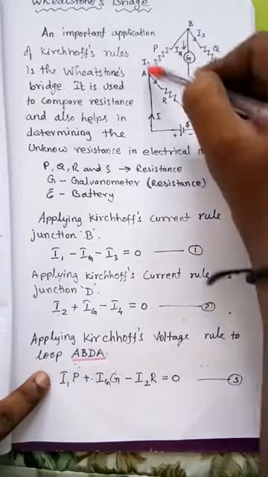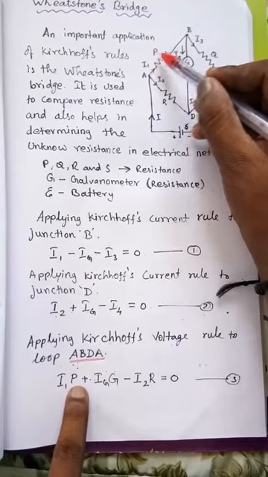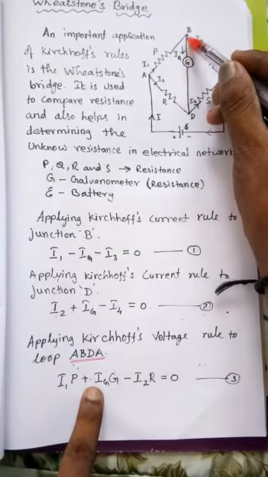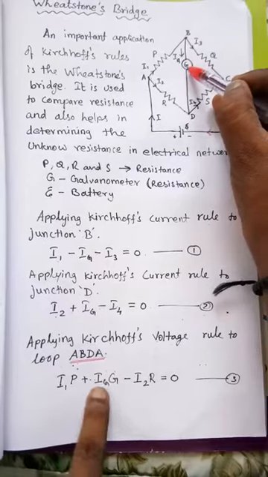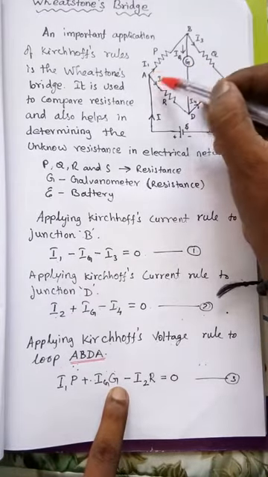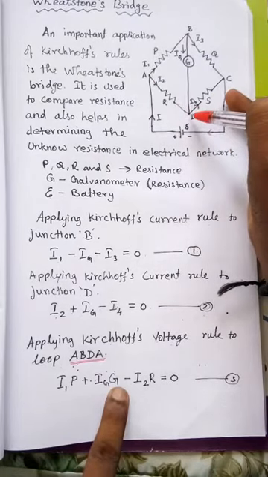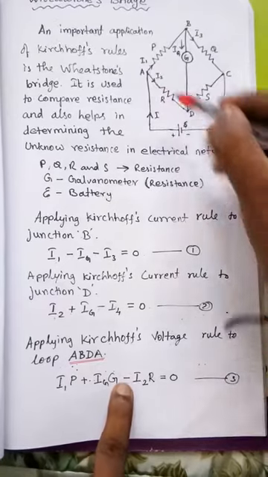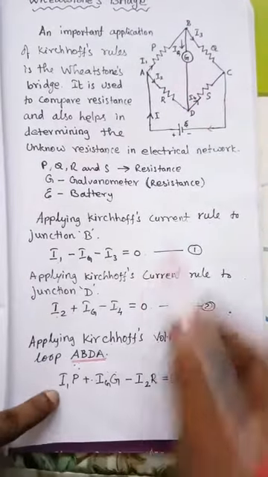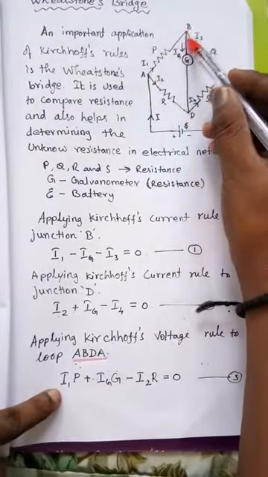The sum of current into resistance: here P is the resistance, so I1 into P. Plus, along BD the current is in the same direction, so IG into G. Next, DA: the current I2 moves in the direction A to D, but you have to move D to A, so it is opposite, so minus I2 into R. So I1 into P, same direction; IG into G, same direction; and minus I2 into R, opposite direction. The sum of the products of current and resistance is equal to the sum of the EMFs.